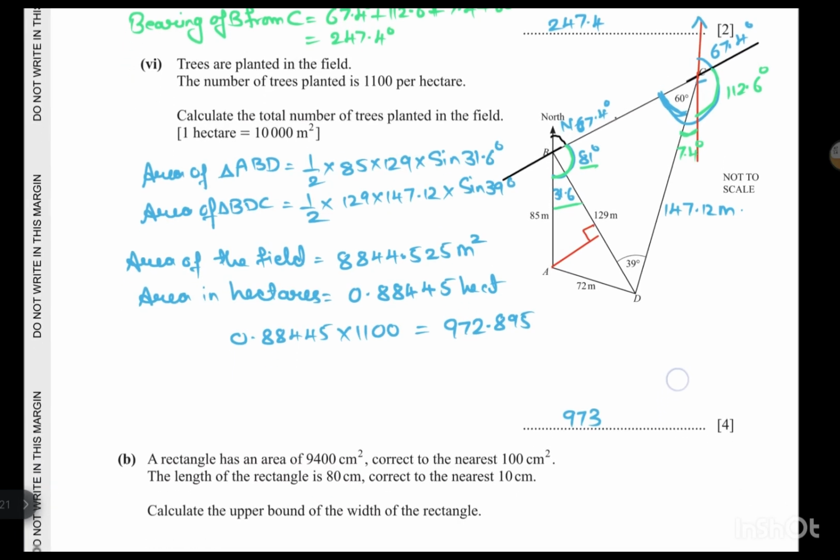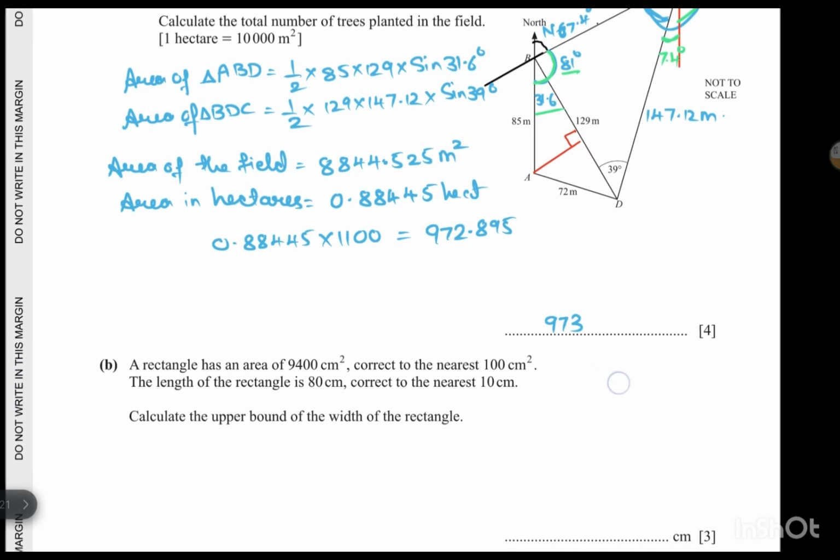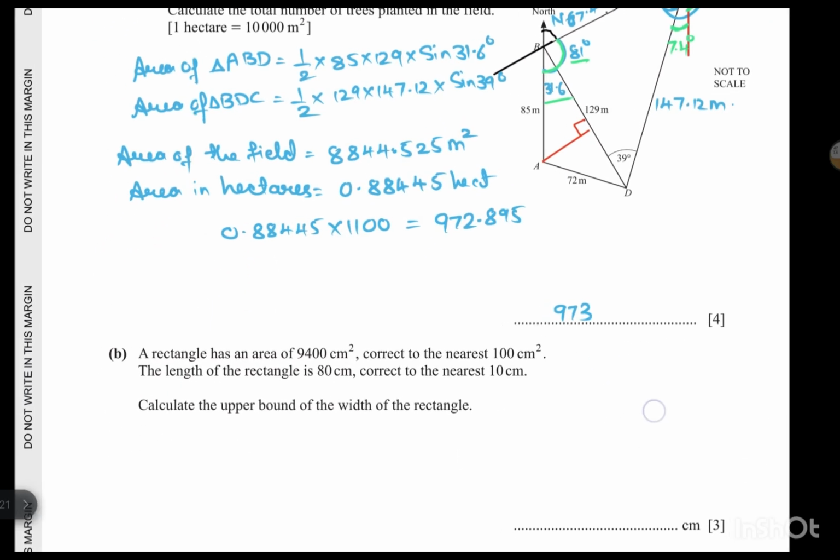Now question number 7B. A rectangle has an area of 9,400 centimeter square, correct to the nearest 100 centimeter square. The length of the rectangle is 80 centimeter, correct to the nearest 10 centimeter.